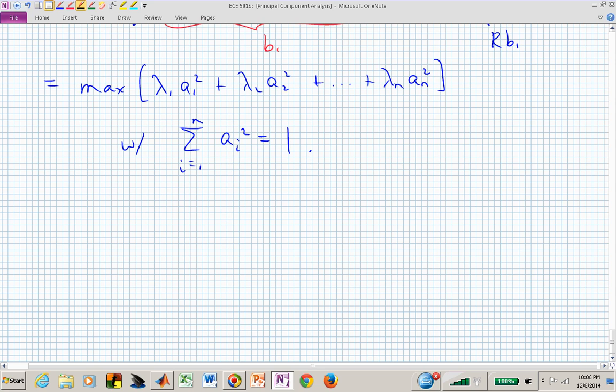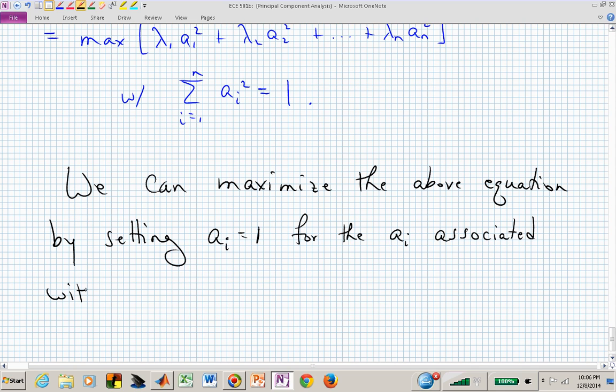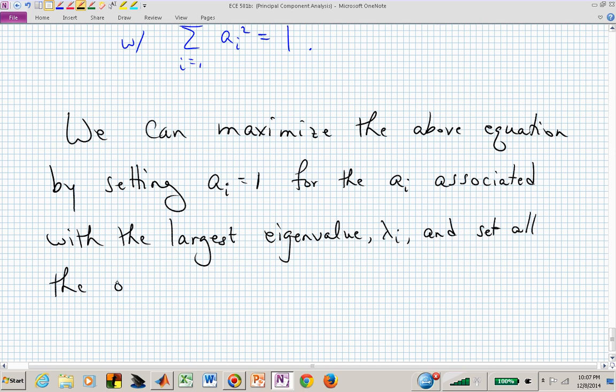What we want to do now, with this expression of max lambda 1 a1 squared plus all the way down to lambda sub n a sub n squared, is maximize the above equation by setting a sub i equal to 1 for the a sub i associated with the largest eigenvalue, lambda sub i, and consequently set all the other a sub j's equal to 0.